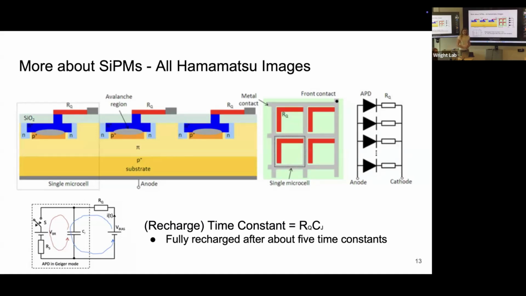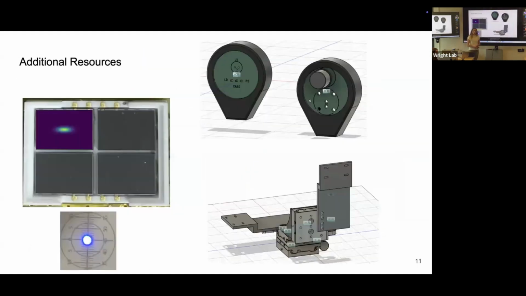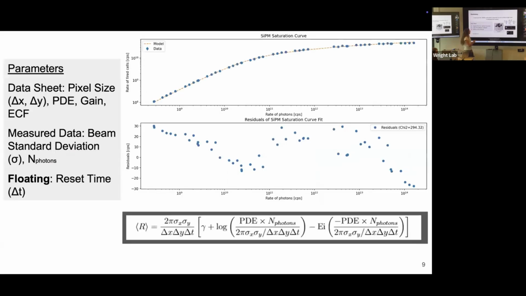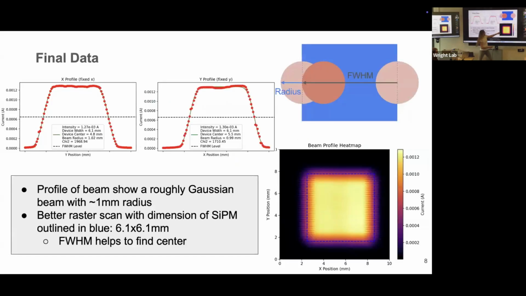So when you do this raster scan, what's the size of a single cell? Let me break this down. Each pixel I measure is 0.1 millimeters, but the actual cell of the SiPM is 35 by 35 microns.